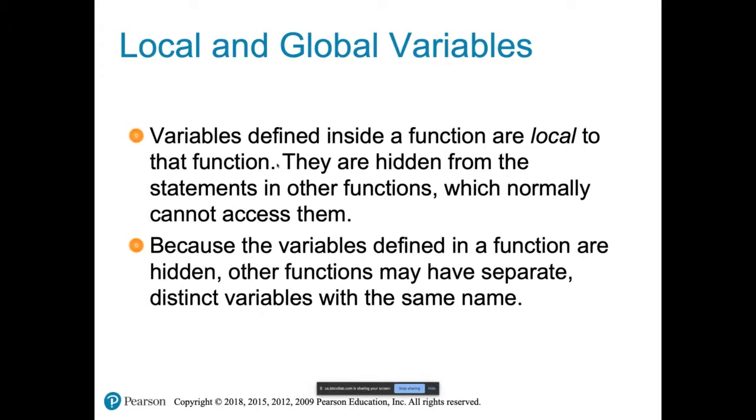They are hidden from the statements in other functions, which normally cannot access them. Because the variables defined in the functions are hidden, other functions may have separate, distinct variables with the same name. Remember, C++ allows you to have those names. Now, if you're in a function with that same name, you have to use a global variable. Uh-oh, you got a problem.